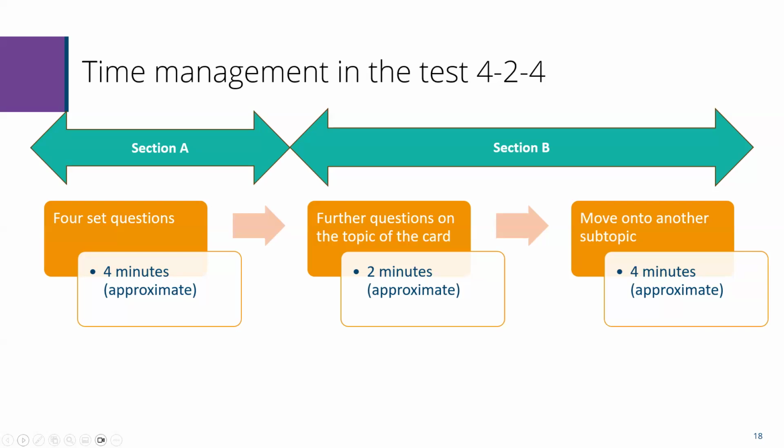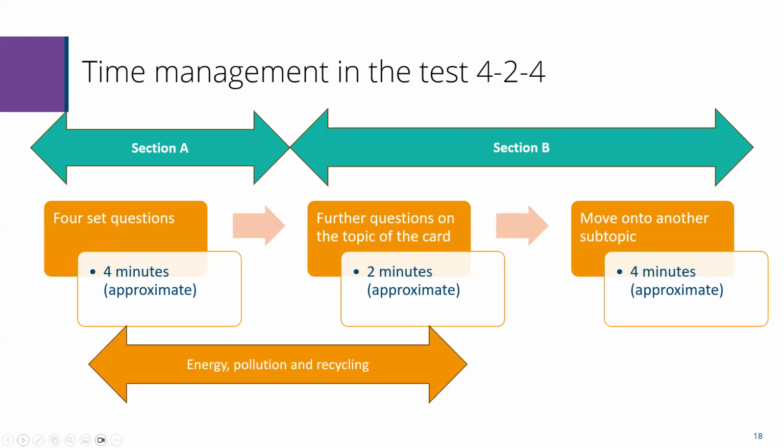And then we follow up a little bit. We've got some further questions on the topic of the card, and then we're moving on to another subtopic. Okay, so in that example, we've got the 4 questions which related to the topic of solar power, and then we're going to have a look a little bit more widely at the environment, and then for the final 4 minutes, we move on to another subtopic.